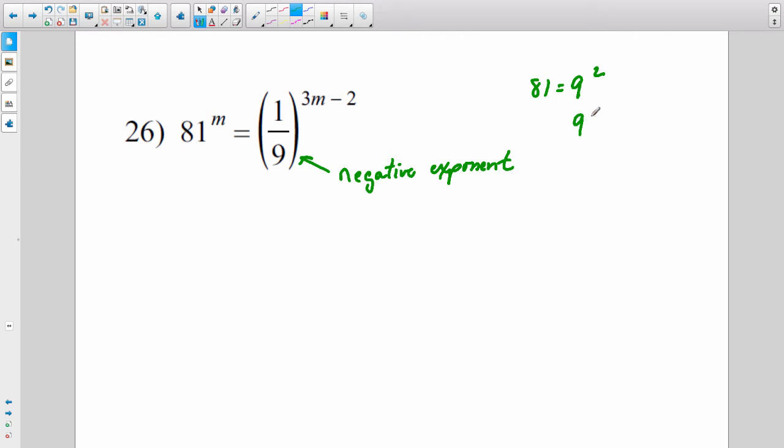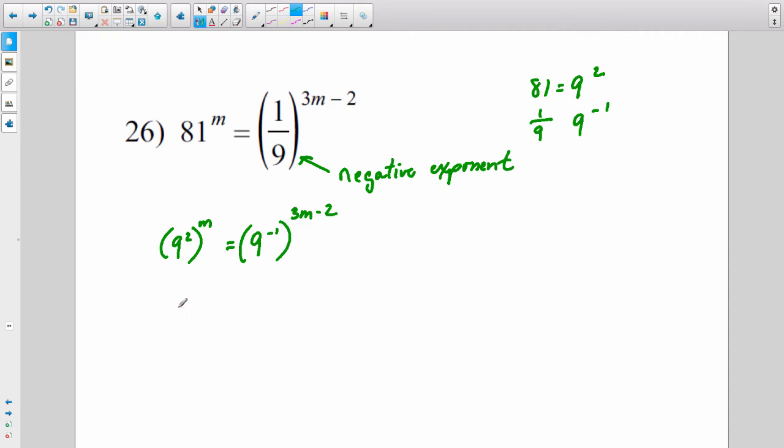And 9 to the negative 1 could be my 1 over 9. So in terms of common bases, I'm done. This is 9 squared. I'm going to raise you to the m. And this would be 9 to the negative 1, and I'm going to raise you to the 3m minus 2.